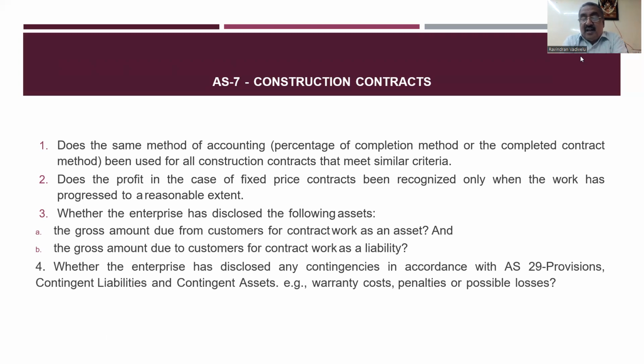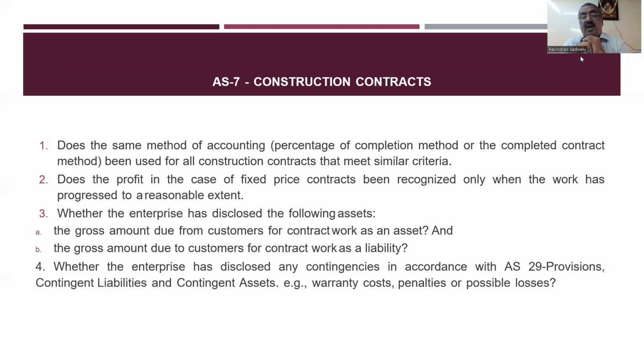So that is also another contingency on the part of the company. Next one is penalty. Suppose the building is not completed on time, then that has to be borne by the company. Everything is there in the construction contract.